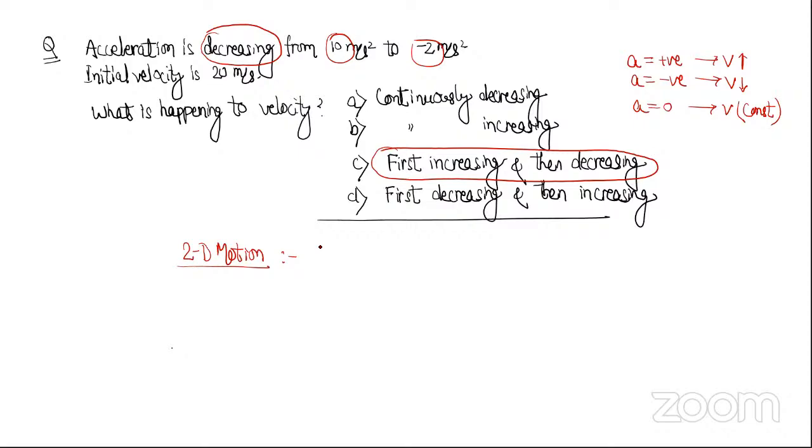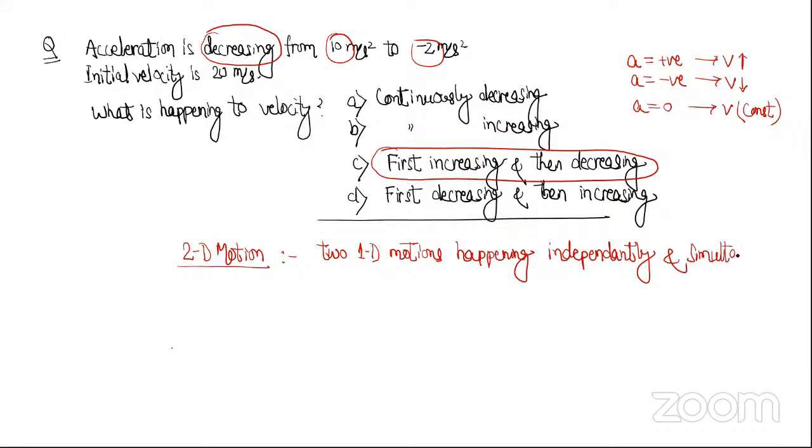Two-dimensional motion means it is two 1D motions happening independently and simultaneously. ये concept अगर समझ गए ना, then you don't have to remember any new formula. Whatever formulas had to be learned have been learned.